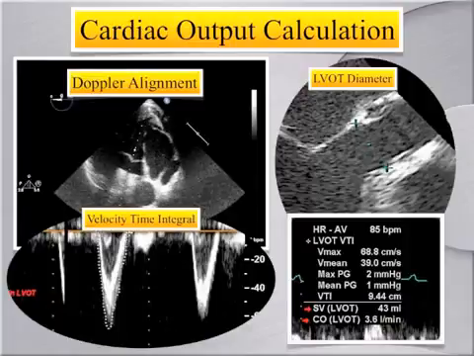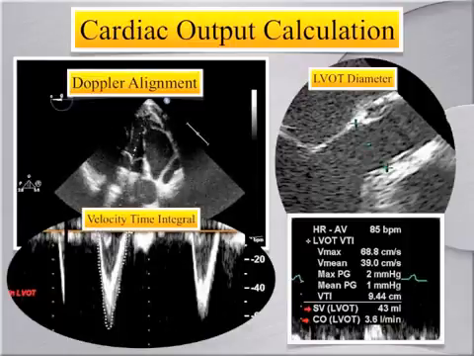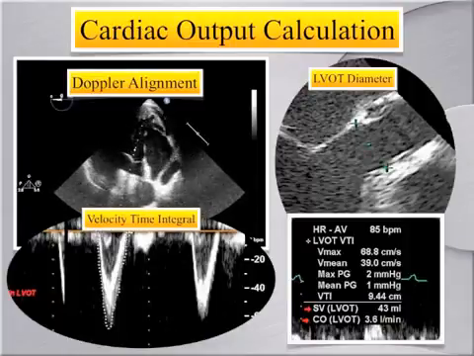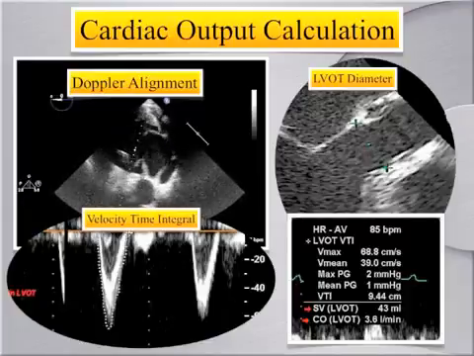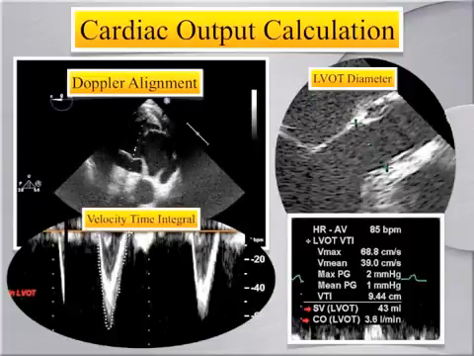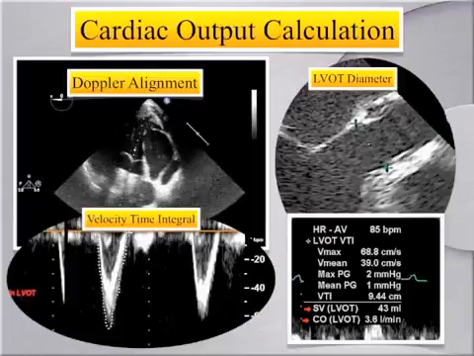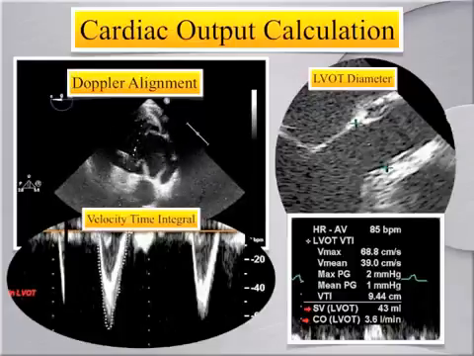In this slide, we have assembled all of the information required to calculate stroke volume and cardiac output. On the left, the Doppler beam is aligned in the left ventricular outflow tract, and a pulse wave envelope is positioned within 1 centimeter of the aortic valve. The hollow pulsed wave signal is recorded, and a velocity time integral is obtained by tracing the envelope.